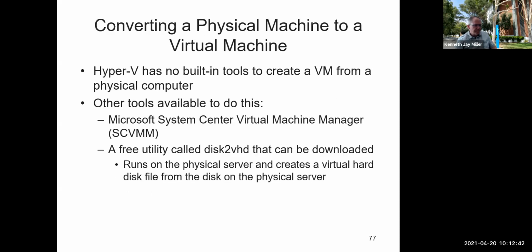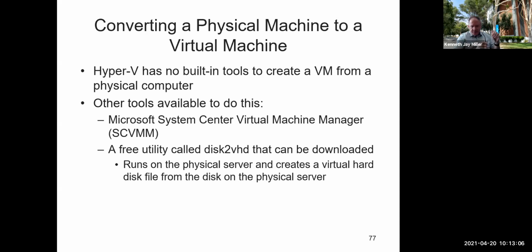All right. We can also do a conversion from a physical machine to a virtual machine. There is no built-in tool by default. However, if we use the Microsoft System Center Virtual Machine Manager, which we'll take a look at later on, we can use that to do a physical to virtual.